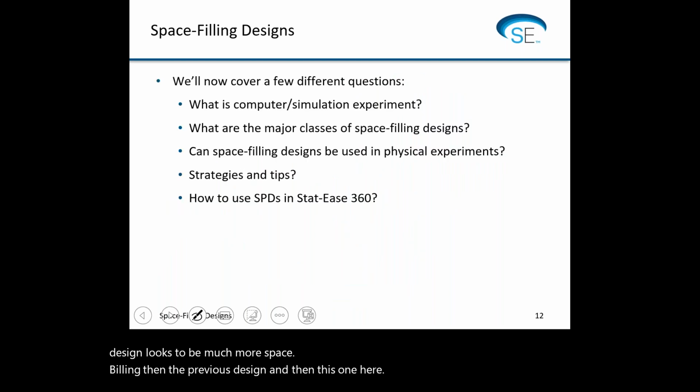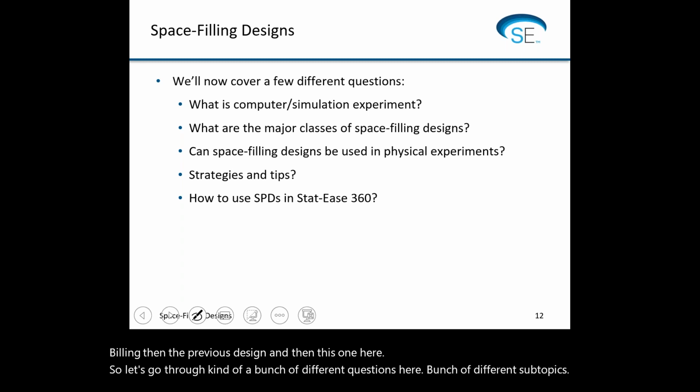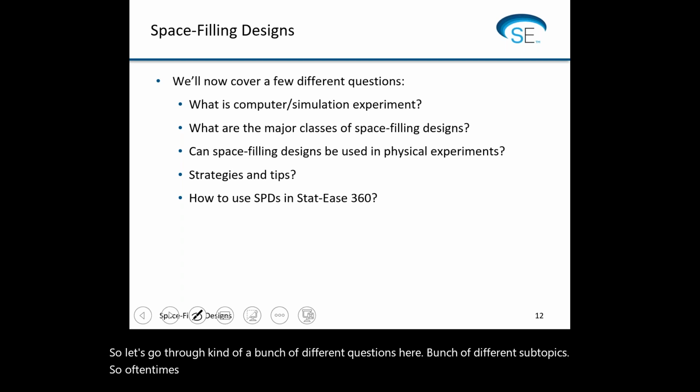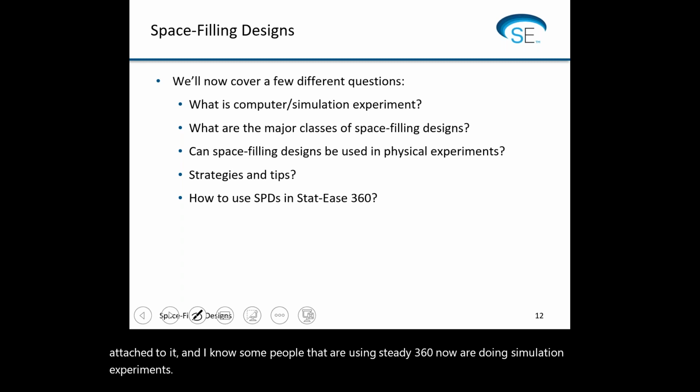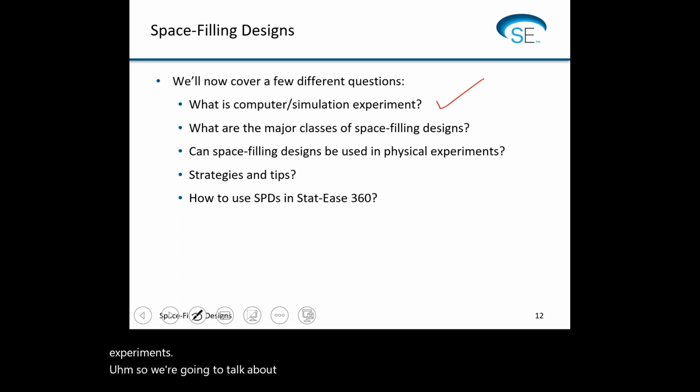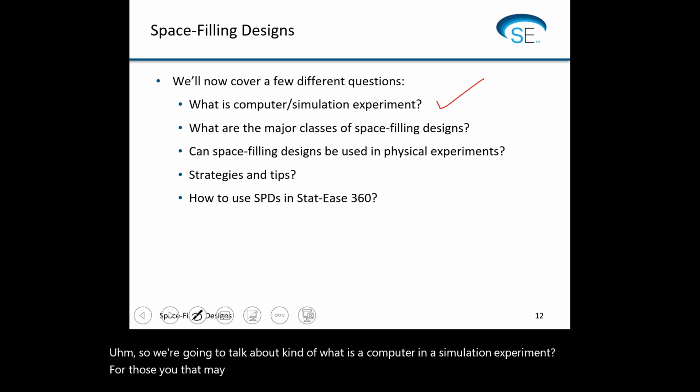So now let's go through a bunch of different questions, a bunch of different subtopics. Oftentimes with space filling designs, you'll see computer simulation experiments attached to them. And I know some people that are using Statist 360 now are doing simulation experiments. So we're going to talk about what a computer or simulation experiment is, for those of you that may not be familiar with it.